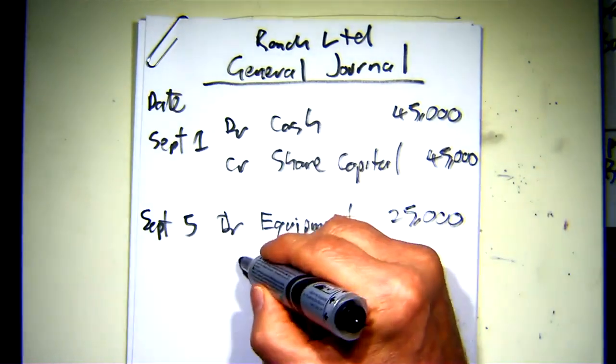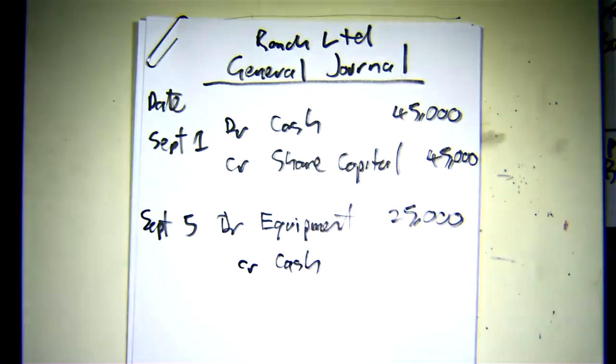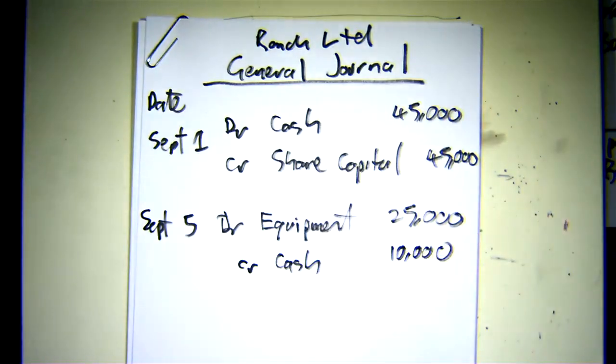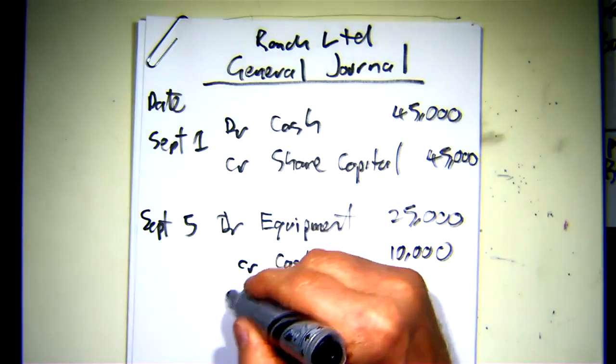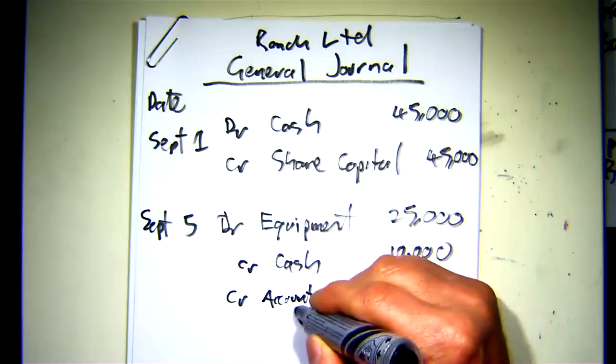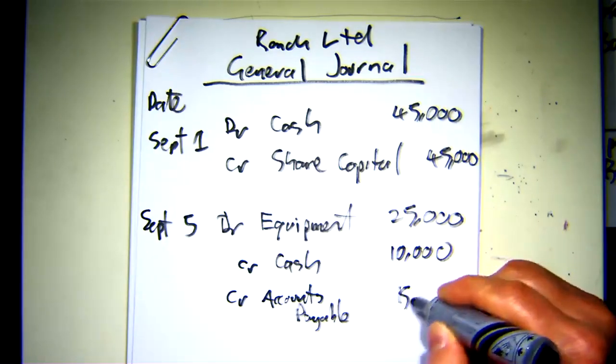And what the question told me is I paid out cash for $10,000 of it, so I'll credit cash because I'm reducing cash by $10,000. And I'll recognise an accounts payable of $15,000.